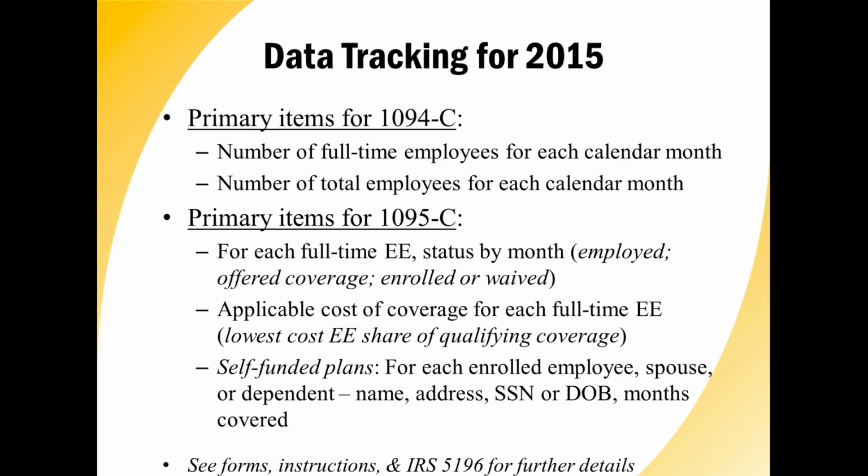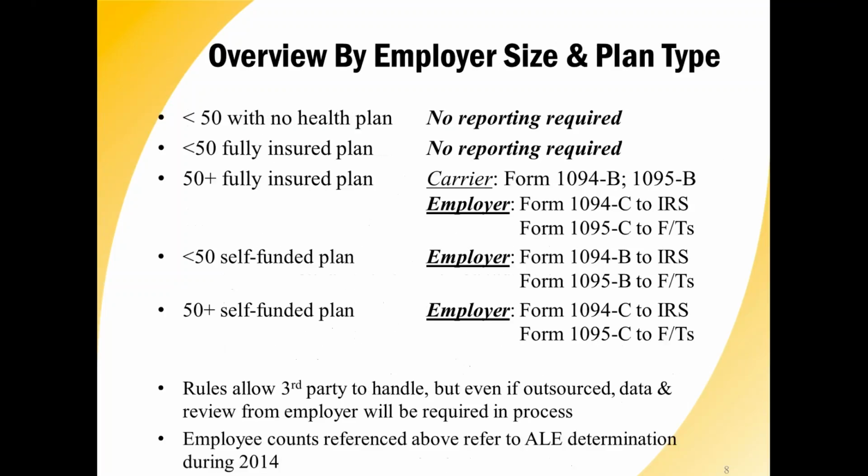Fully insured plans don't have to do that because the carrier is doing it on their behalf, and I'll show you that as we get to the forms. Self-funded plans have to report more data. The good news is, whether fully insured or self-funded, we're talking about the same two forms. It's just that self-funded plans have to provide a little more data, since the carrier is not legally required to do so the way it is for a fully insured plan.